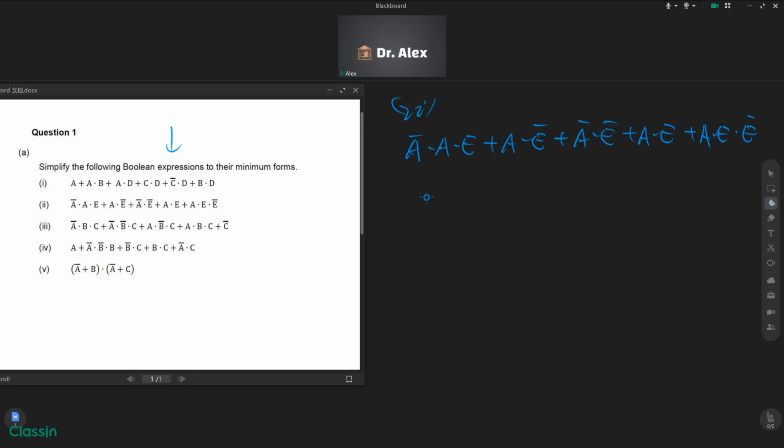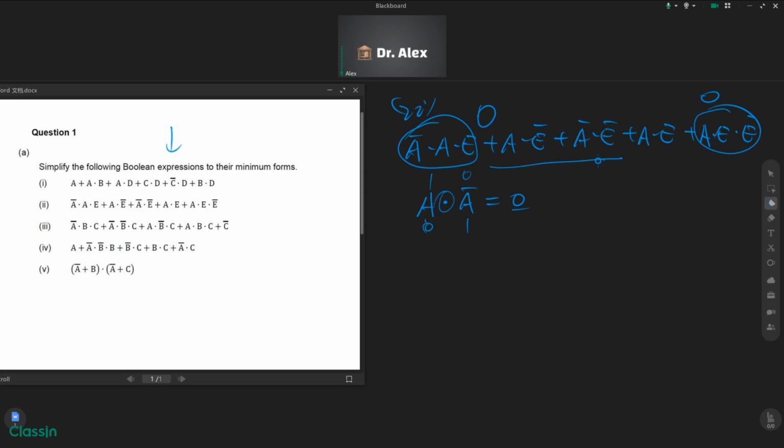A and not A will always be 0, because if A is 1, not A is 0, and if A is 0, not A is 1. Either situation, the result of the AND is 0. So the first item and the last item should be 0.